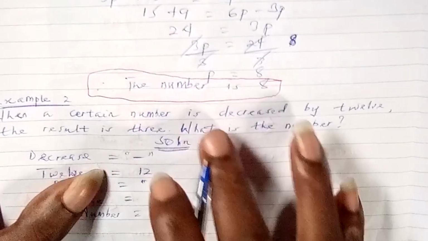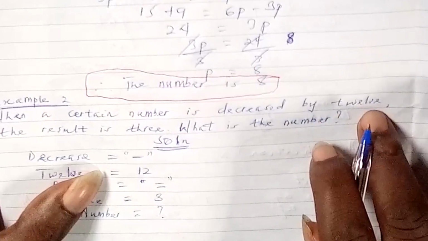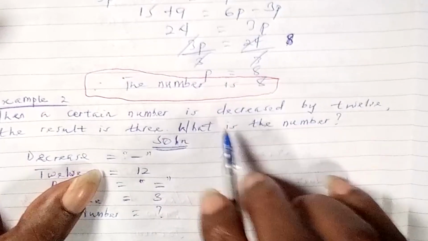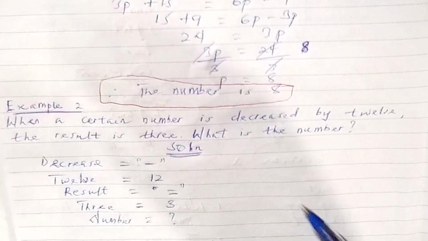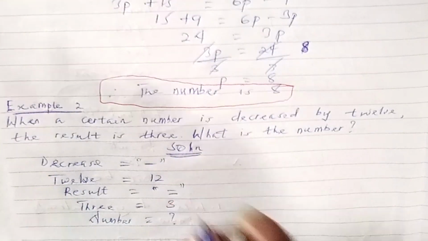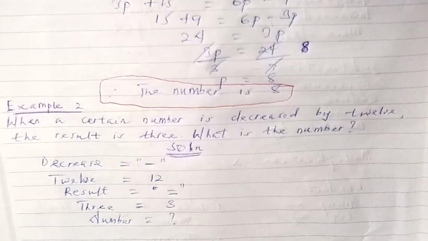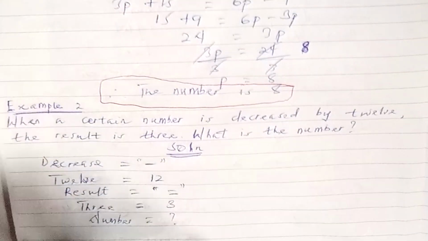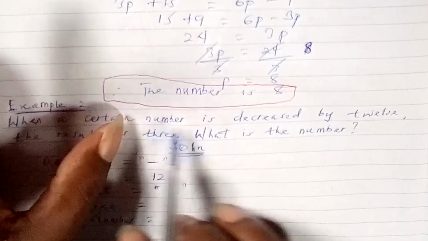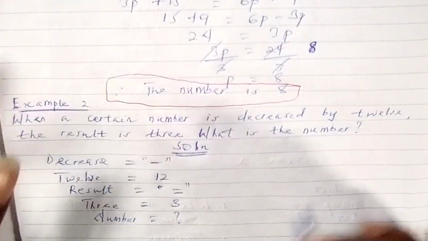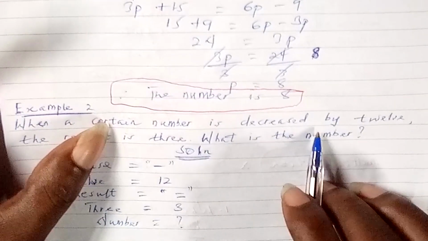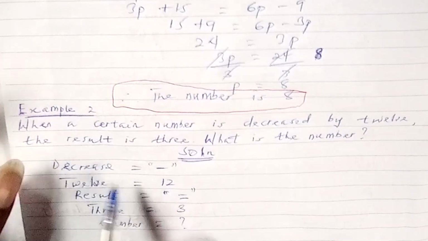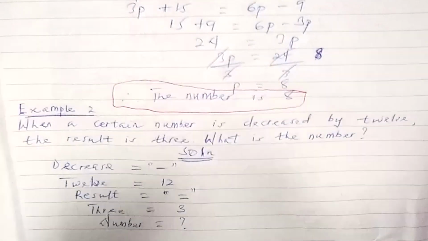So to join the pieces together, it has to be a certain number is decreased by 12. Look at this phrase. It's decreased by 12. It means that there is an existing number there, and the existing number was decreased by 12. So if we go word by word here, then you could write it as n minus 12, and that is wrong.